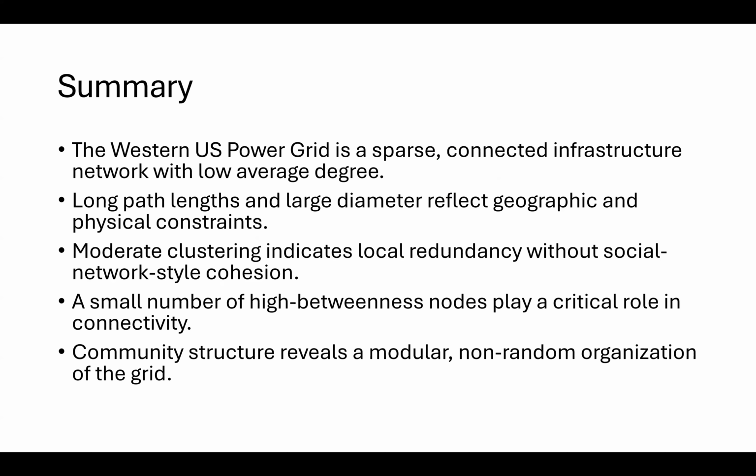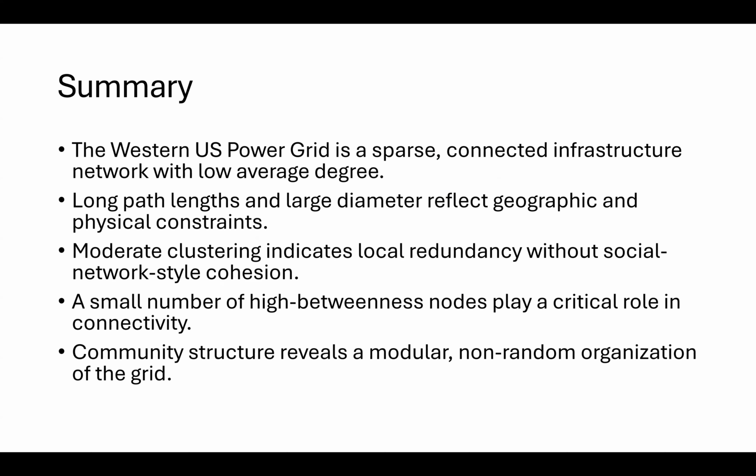Unlike social networks, power grids cannot create shortcuts arbitrarily. The clustering values are moderate. This indicates some local redundancy, meaning small groups of substations are interconnected. However, the network doesn't exhibit strong social network style cohesion.